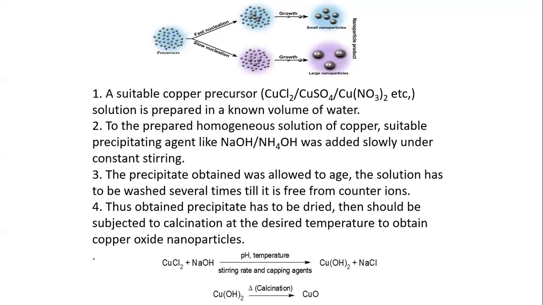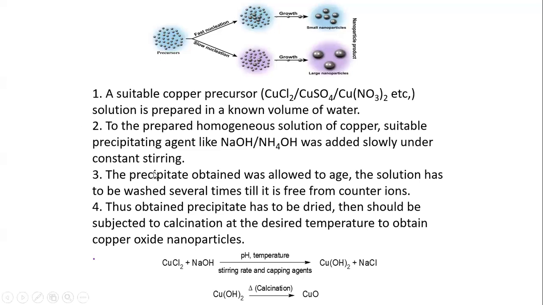with proper stirring. Stirring is very important here. Continuous stirring should be happening. So the moment the precipitating agent alkali is added, the formation of small nuclei, as we have discussed, will start. And with continuous stirring, the growth of these nuclei will take place.